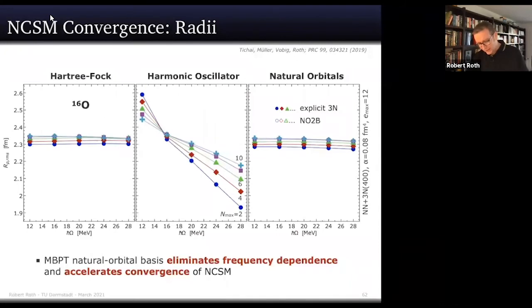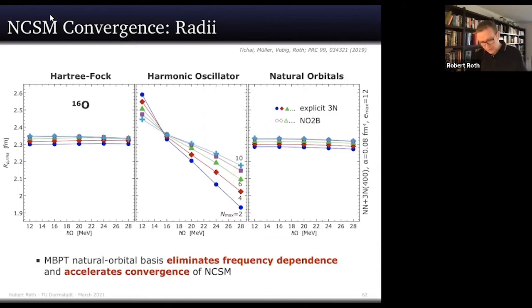What you see is that as a function of this basis size Nmax, if you start from large oscillator frequencies, which means very small spatial extent of the oscillator wave functions, you have this convergence from below. These points creep up with Nmax, and they creep up slowly.